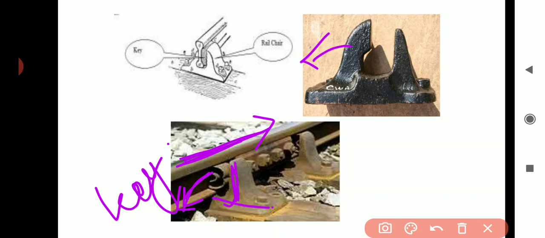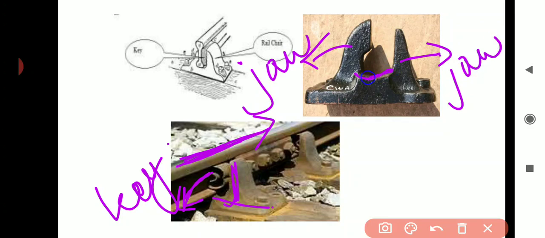There are two jaws in the chair. This is one jaw and this is another jaw. And this is the rail seat.